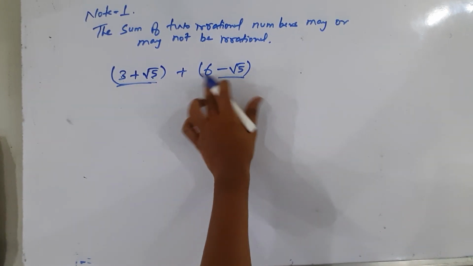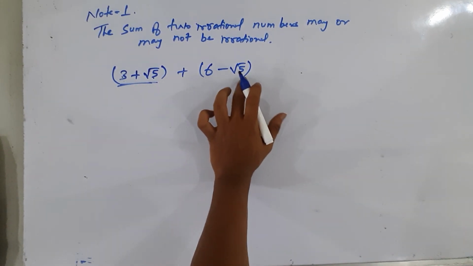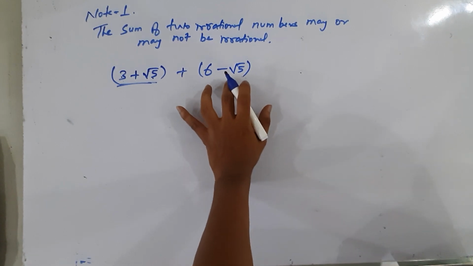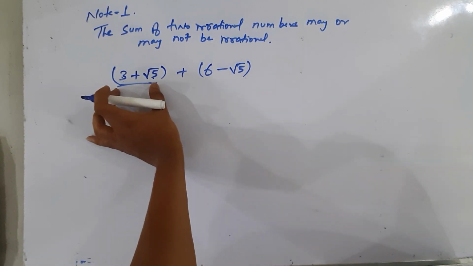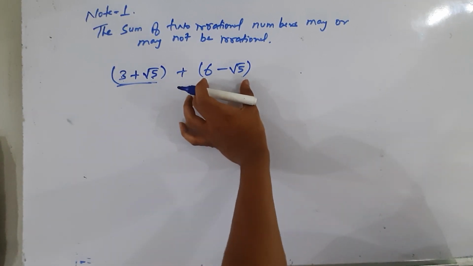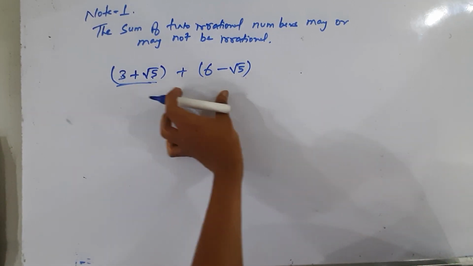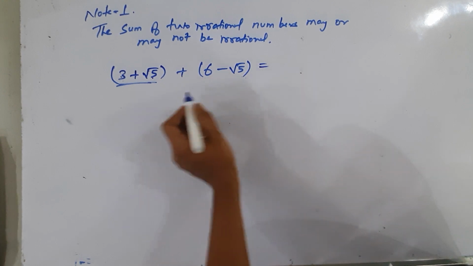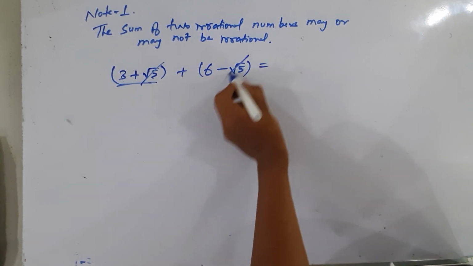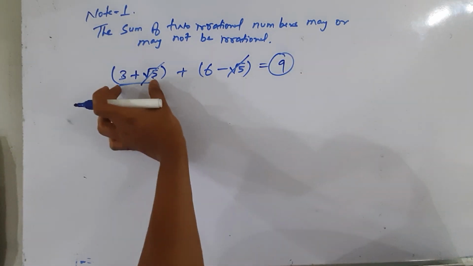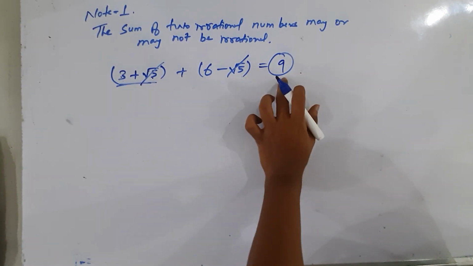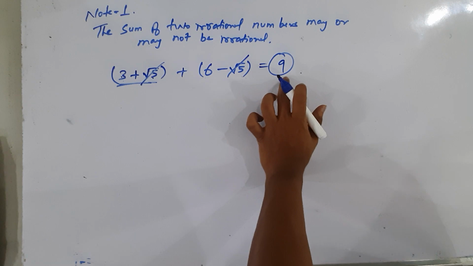Here again 6 is rational and root 5 is irrational, so it is irrational. So this is the first irrational number and this is another irrational number. If we add both, root 5 and minus root 5 will cancel, and 6 plus 3 will be 9. So irrational plus irrational is rational. So it is not always necessary that it comes irrational. It can come rational also.